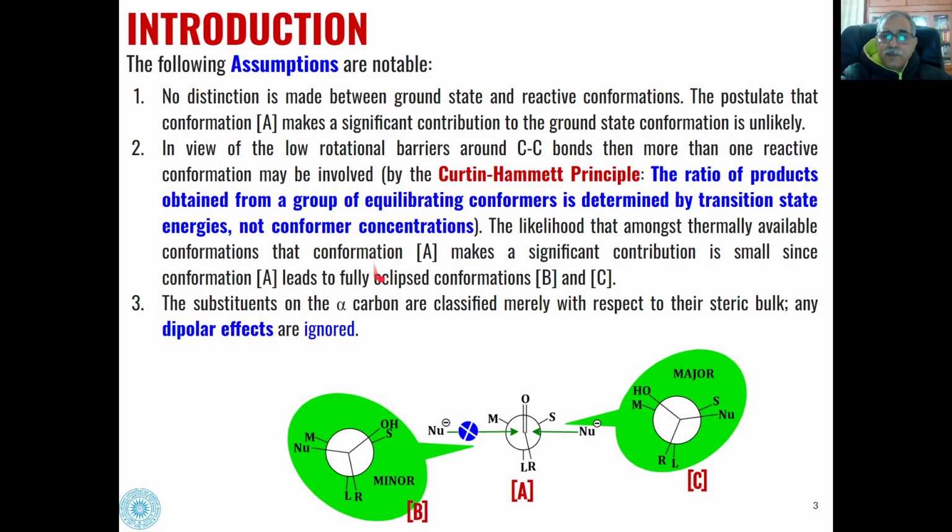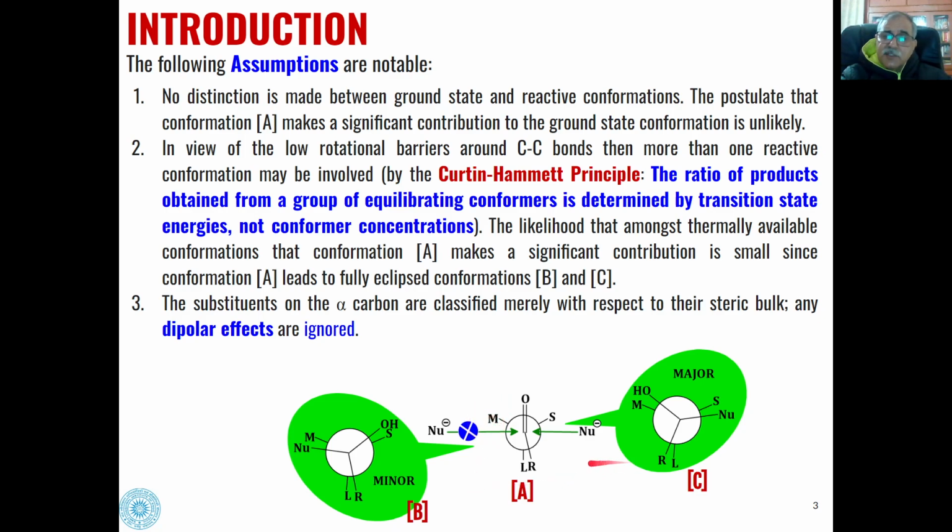Therefore, conformation A will make a significant contribution to product formation, and the attack of the nucleophile will take place from this side, and product C will be formed as the major product in comparison to product B, where the nucleophile would have to attack from the side of the medium group.